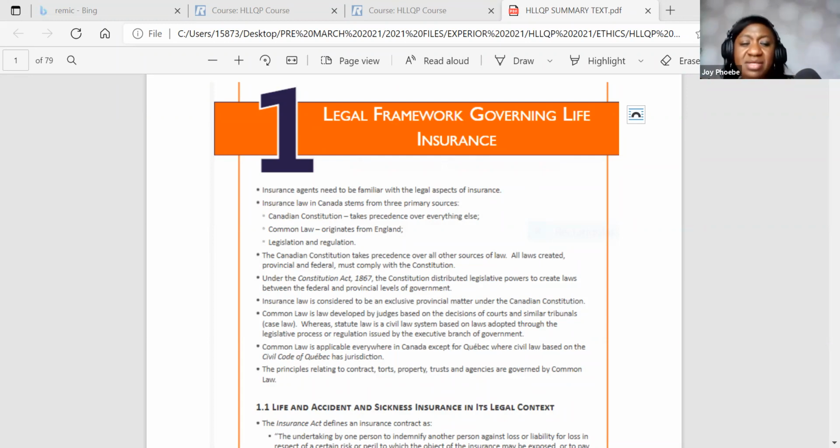Collateral assignment is a situation whereby you assign your policy to a third party. Some insurance policies, especially those with cash value, can be used as collateral to obtain a loan.